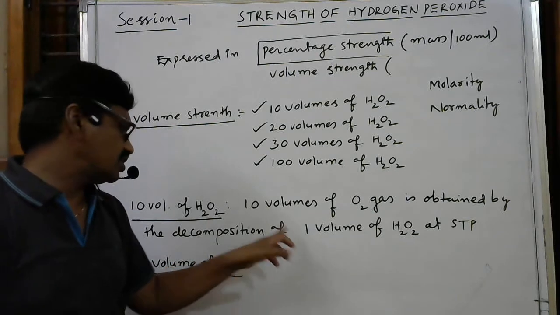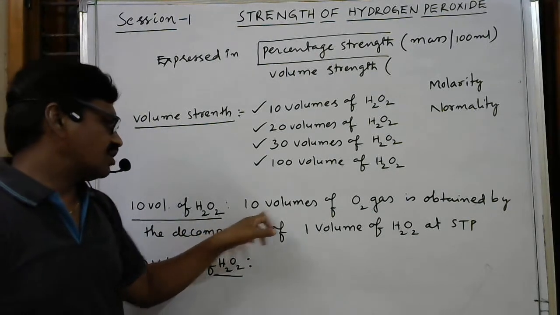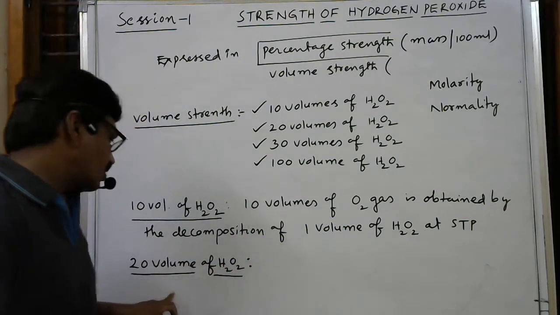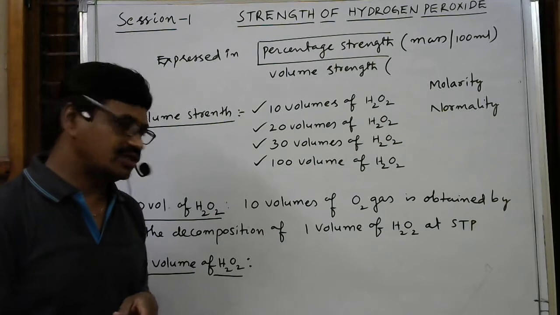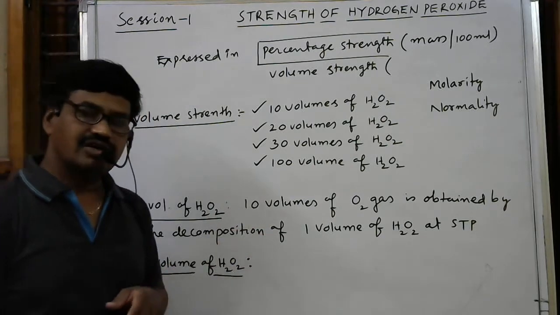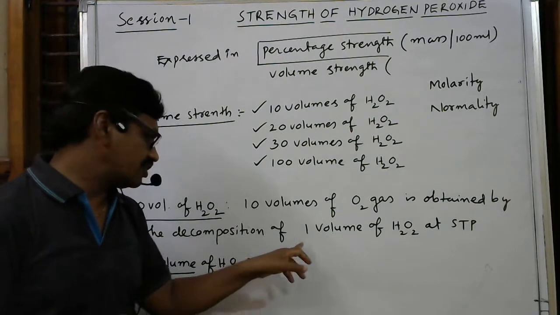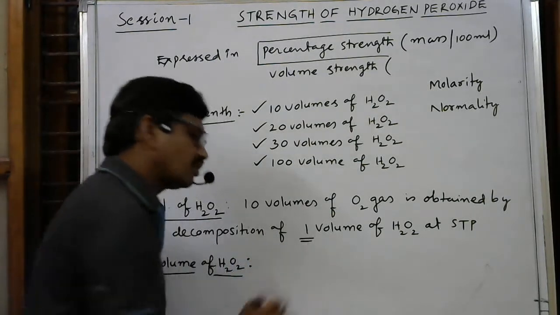You may get confusion here. 10 volumes means 10 volumes of oxygen gas is liberated by one volume of H2O2. For 20 volumes, some students may think that 20 volumes of oxygen gas is liberated by two volumes of hydrogen peroxide. It is not correct. Here it should always be constant, one volume only.